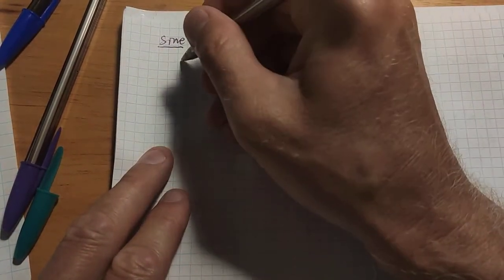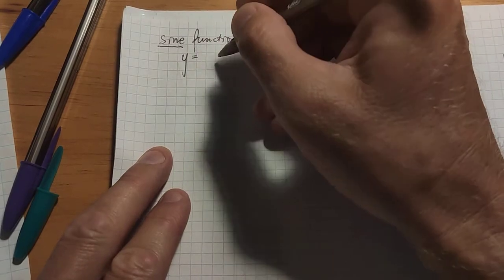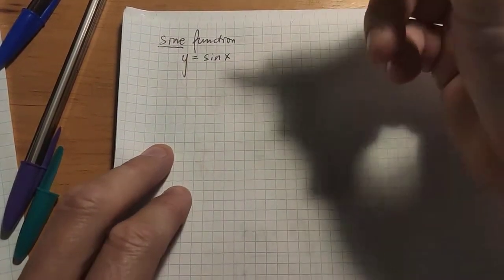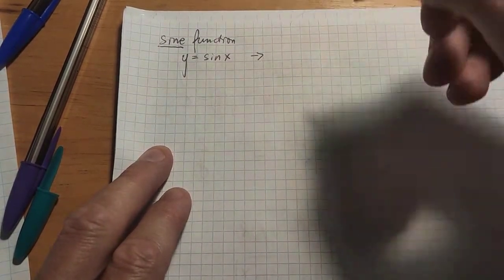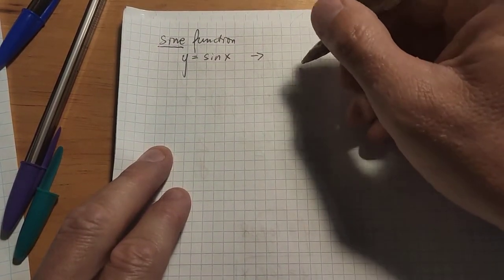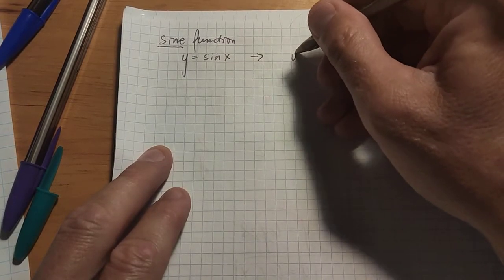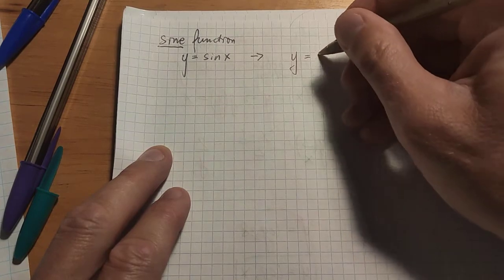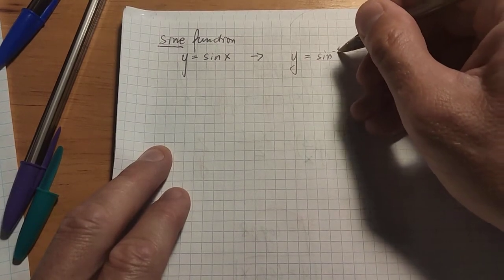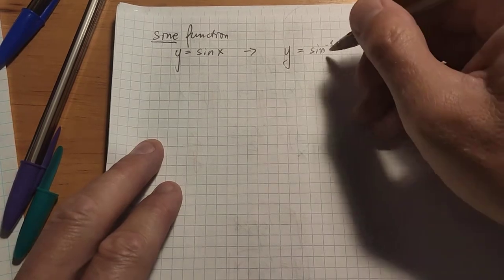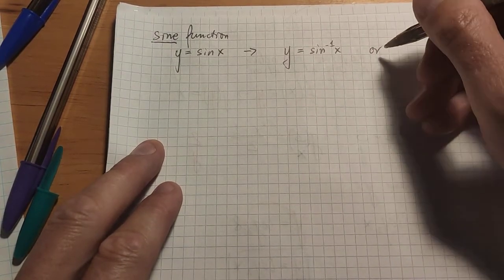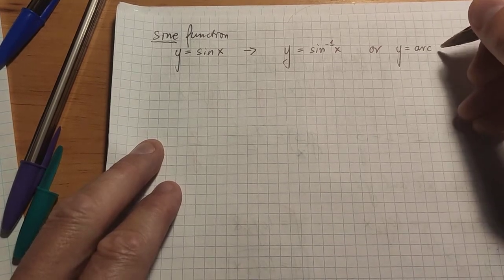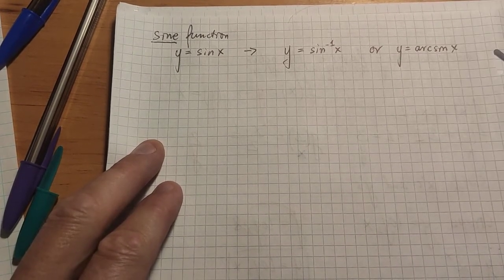Okay, so let's just look at the notation. So this is my regular, the original function f of x equals sine x. So the notation will look like this. So y equals sine, and then we put -1 in the exponent of x, or y equals arc sine of x.